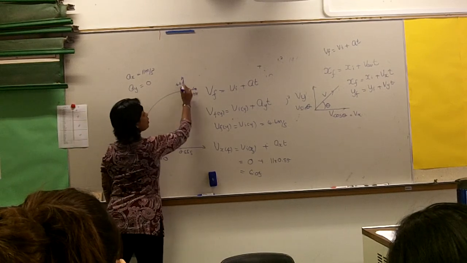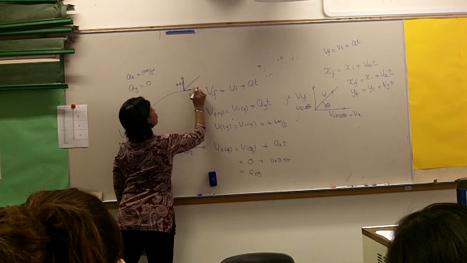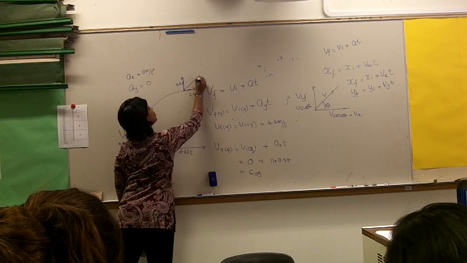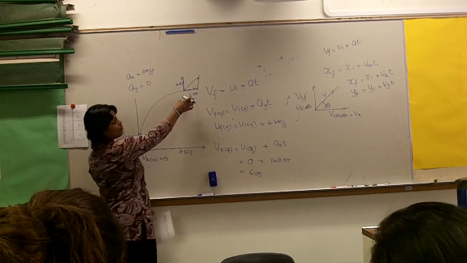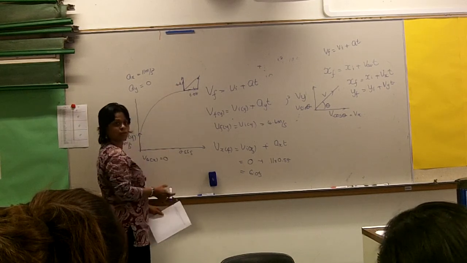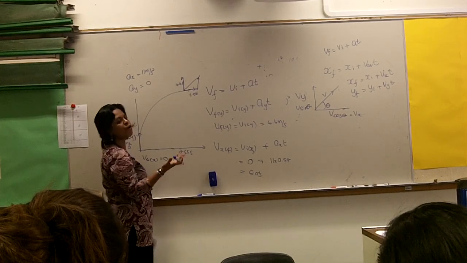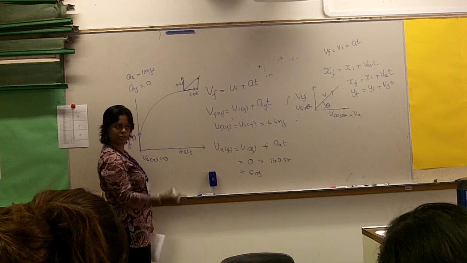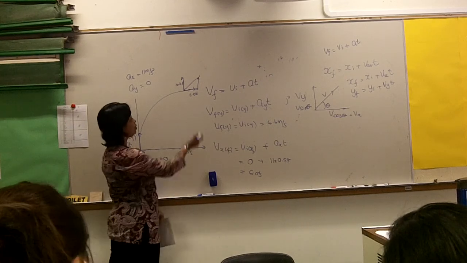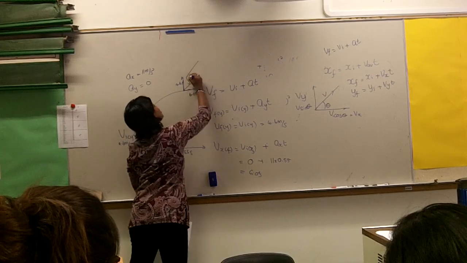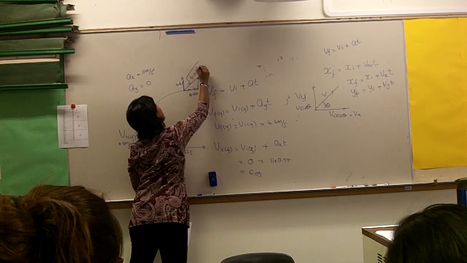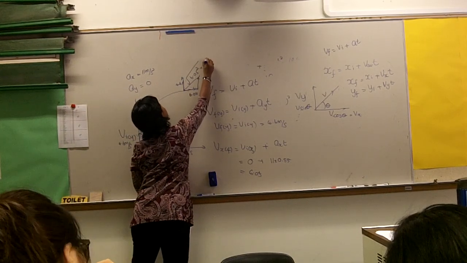Now we can use the Pythagorean theorem, right, if you want to find the final velocity. We only found the x direction and y direction. That is what the question is asking. But you may want to see where it is actually directed. Got it? So this is 6.05 squared plus 4.6 squared.